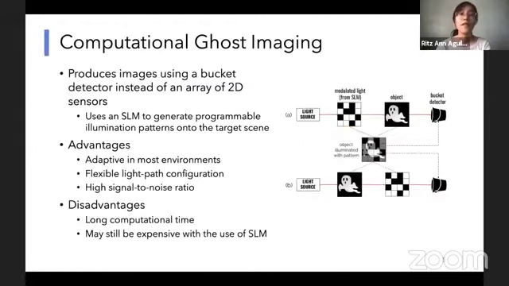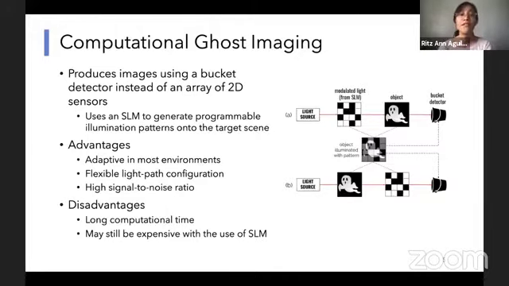Okay, so for a computational ghost imaging, for a formal definition, it produces images using a bucket detector instead of an array of 2D sensors, and it uses a spatial light modulator to generate programmable illumination patterns onto the target scene.